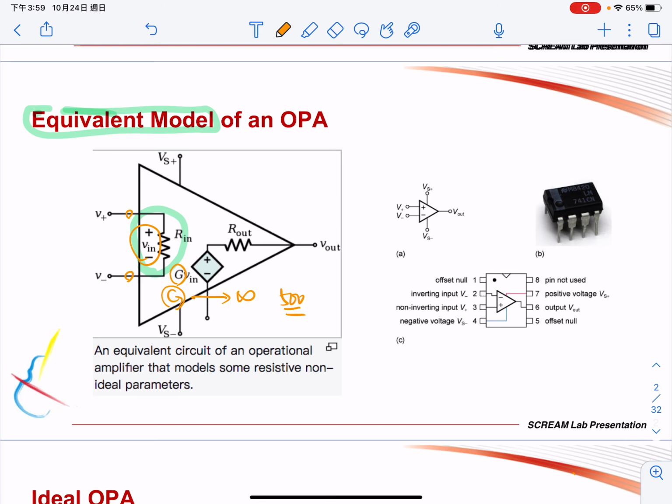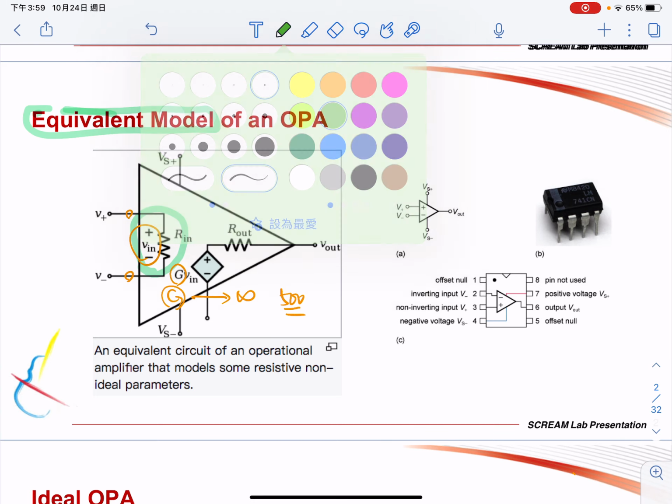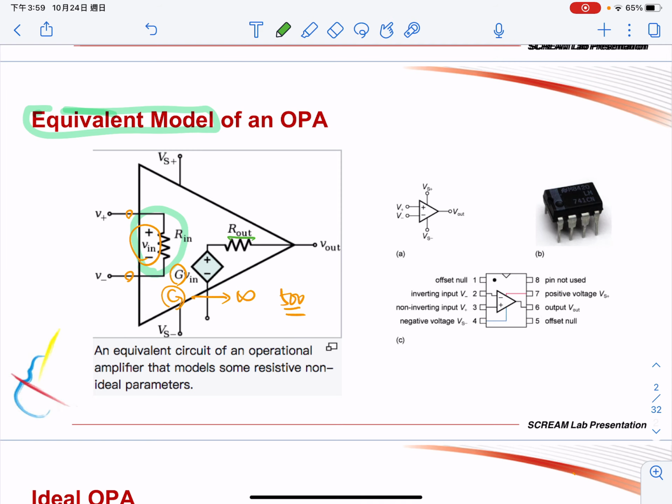We also want the output impedance to be close to 0. Okay, this is the amplifier.